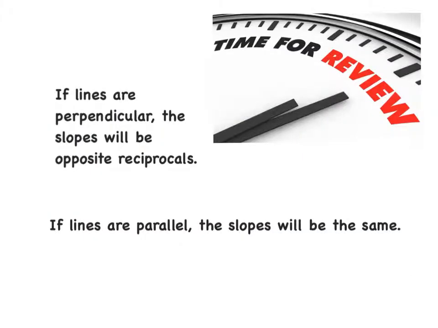So it's time for review. I know if the lines are perpendicular, the slopes are going to be opposite reciprocals. If the lines are parallel, we know that the slopes will be the same. I know this is a lot of notes and it's a lot to take in, but take your time with this. Let me know if you have any questions.